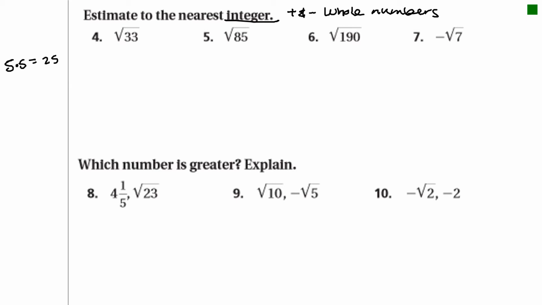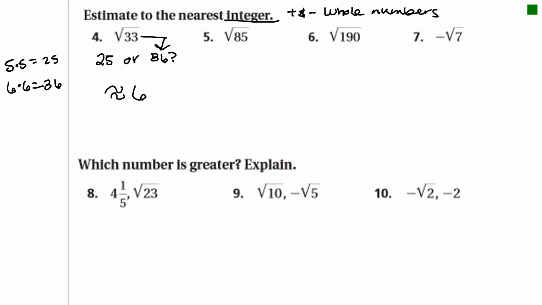We also know that 6 times 6 is 36. So is 33 closer to 25 or 36? Definitely 36, so approximately 6 is the nearest integer. It's somewhere between 5 and 6, but closest to 6.